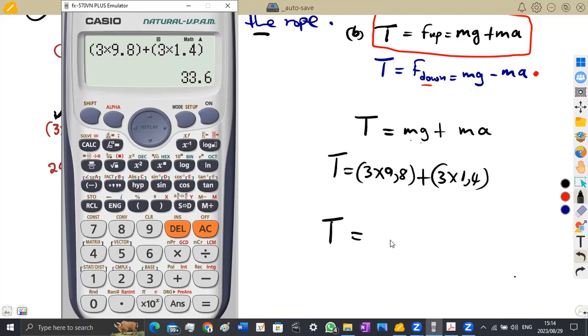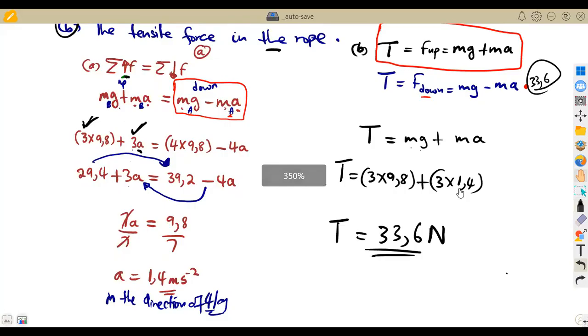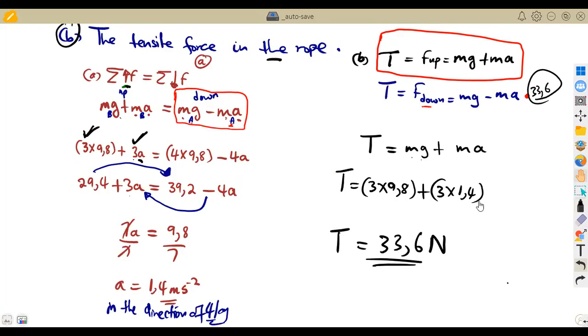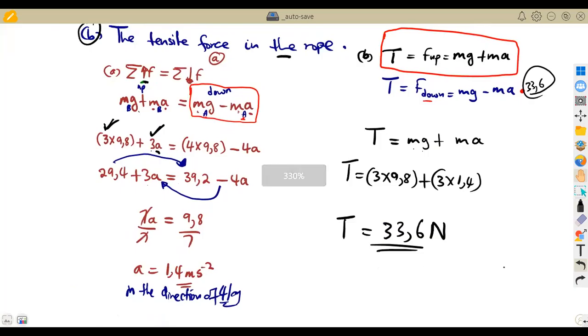The same answer, if you were to use the other formula, you're supposed to obtain 33.6 again. So this is how you calculate your tensile force. We are supposed to be very careful with the tensile force. It's simply from our F up or our F down, like the equivalent force that we are having. All right, so like I said, it's just a matter of playing around with the formulas.